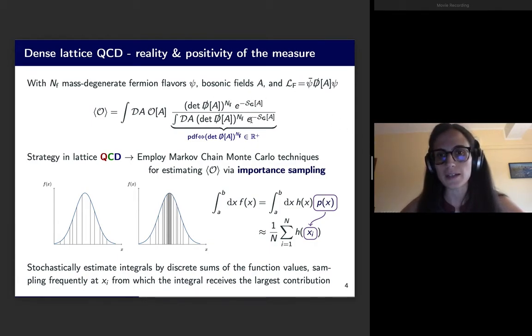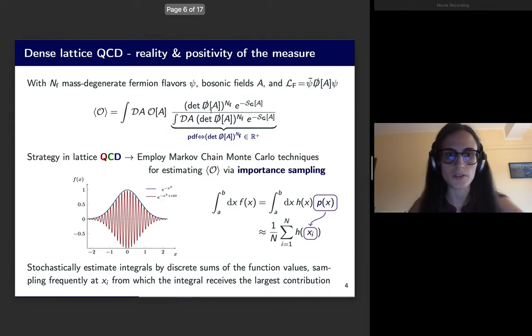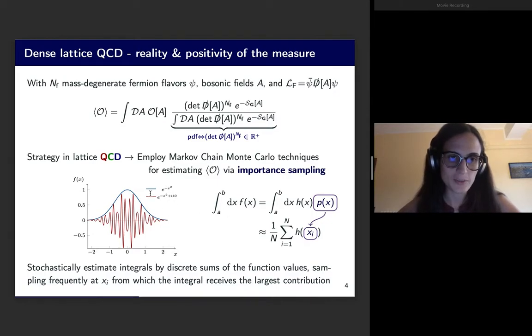That can be exactly that object, provided that we have reasons to believe that it is real and positive. Because otherwise it is, again, not effective to stochastically estimate the integral, even in the very strategic way I have described to you, pretty much like when I tried to plot these two functions using the same number of snapshots or frames in my TikZ LaTeX processor, and I got a very bad result.